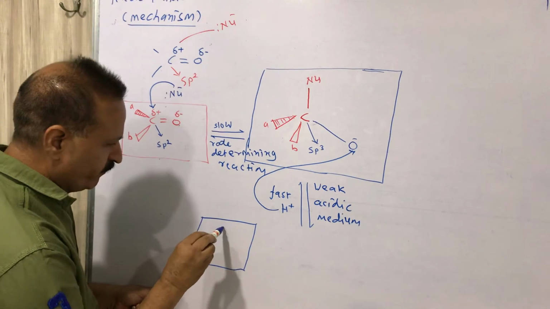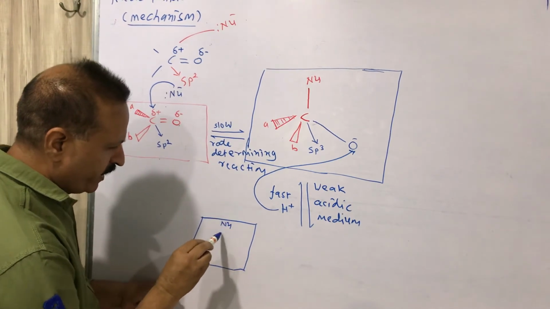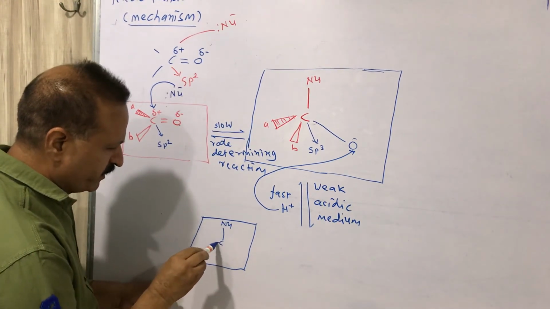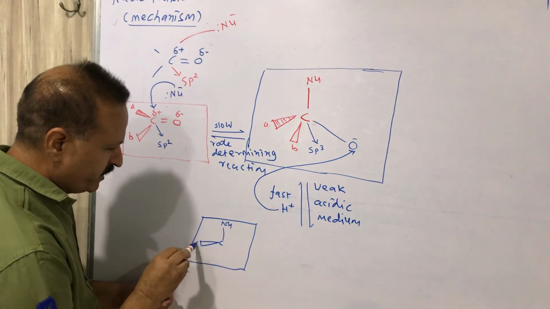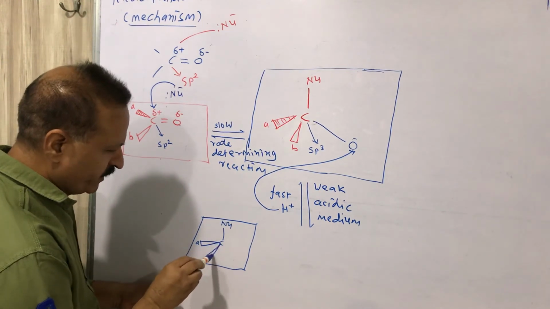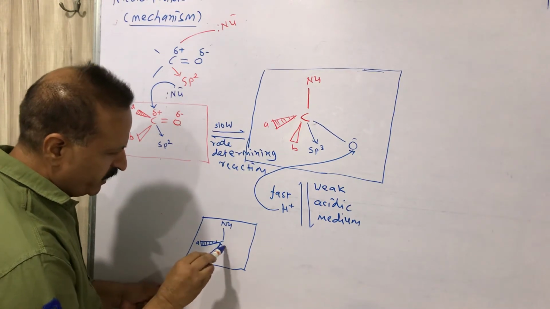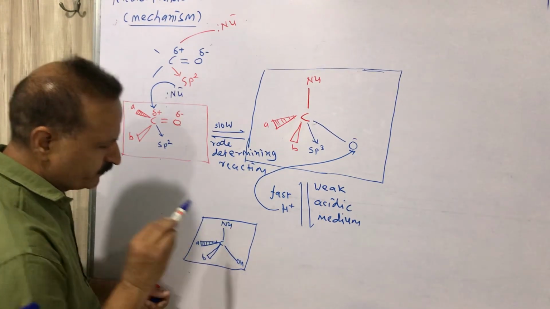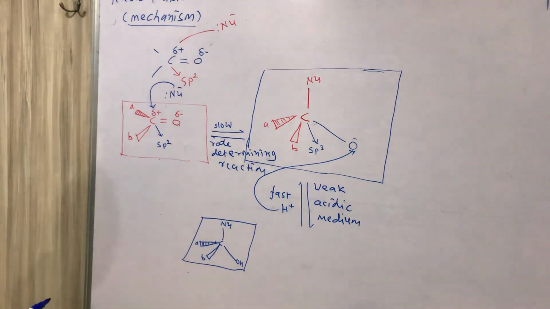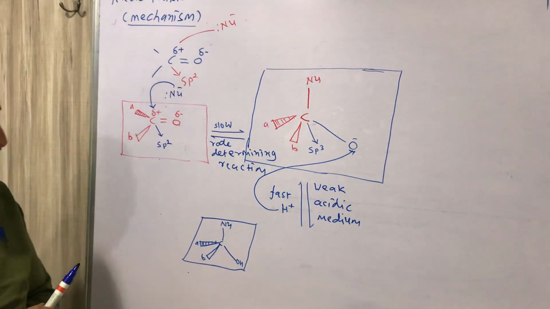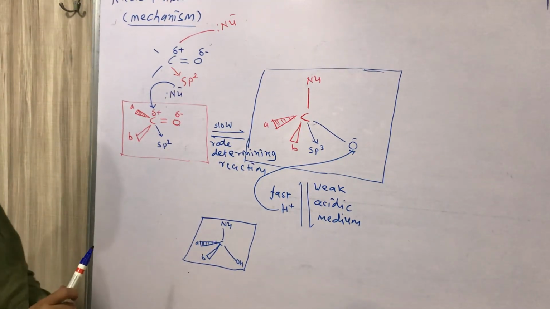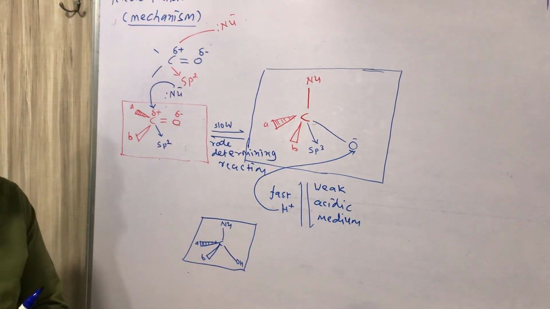Here is the nucleophile Nu, here is the carbon, here is A, here is B, and here is the OH. So now we have obtained the neutral product, and this mechanism is in 3 steps.